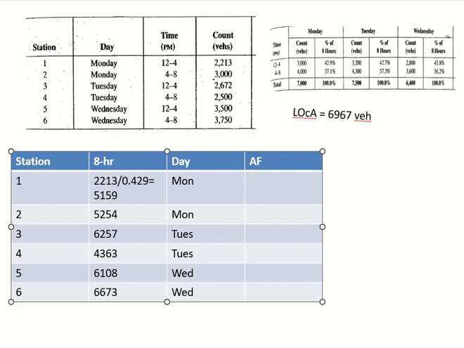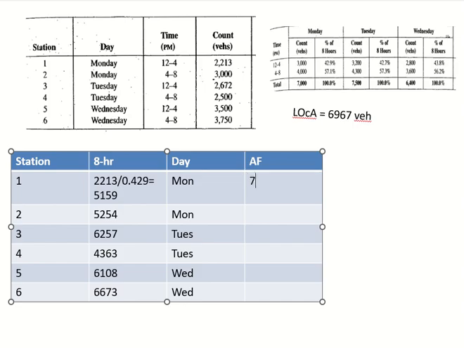Okay, so we will use the same adjustment factor. The day remains the same, the adjustment factor remains the same. All factors come from control, as I already mentioned. So I'll take the value of Monday, divide by the average.